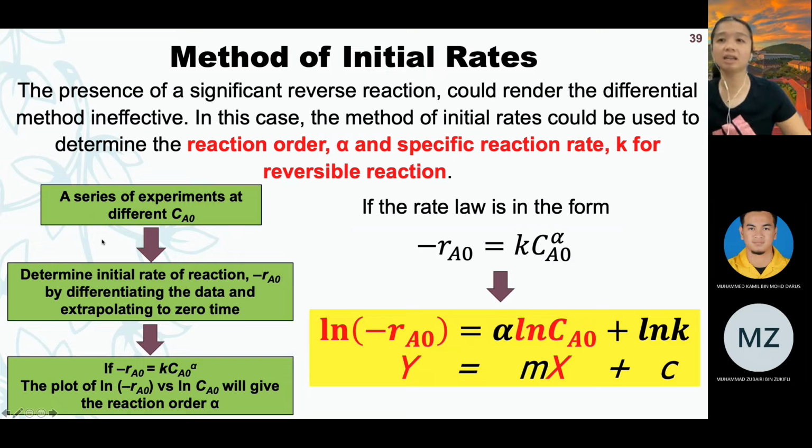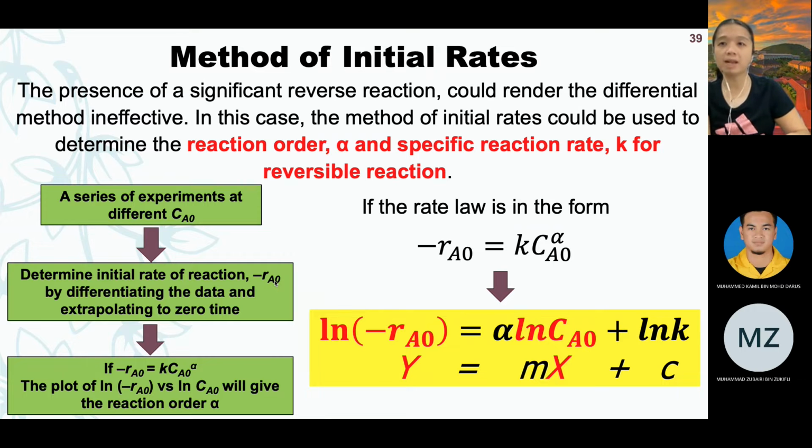Then from that run, kamu akan determine initial rate of reaction, ataupun dalam erti kata lain, we determine the rate of reaction pada masa kosong. Then from that reading, kamu akan dapat CA0, kamu akan dapat minus RA0. Kenapa minus RA0? Sebab kita measure pada minit kosong.